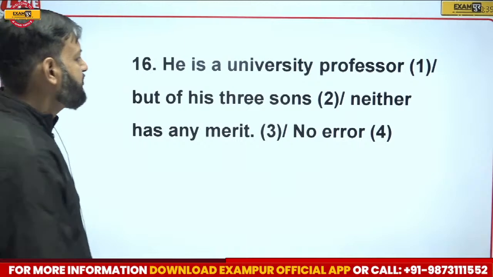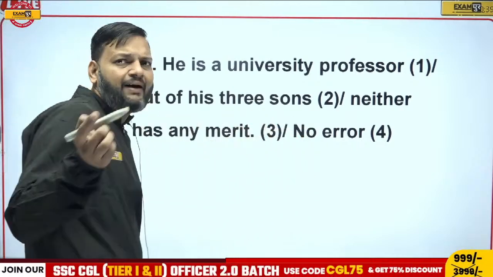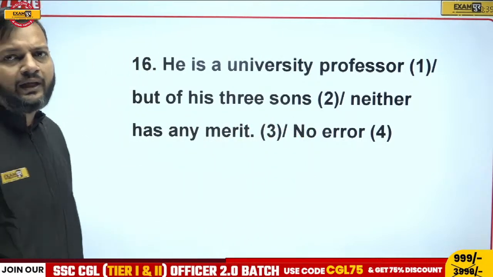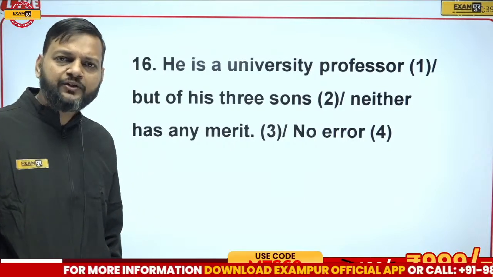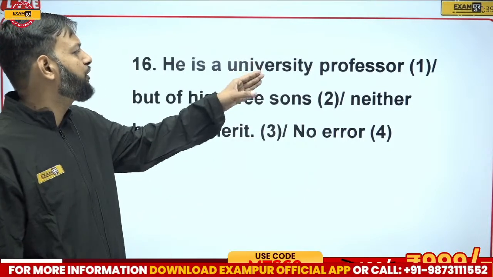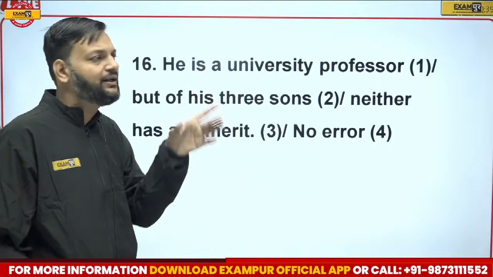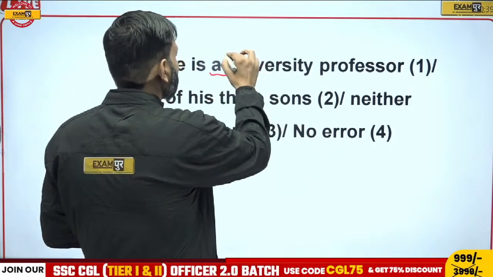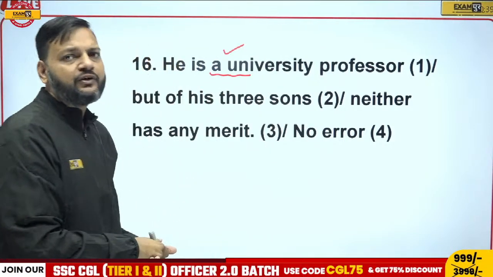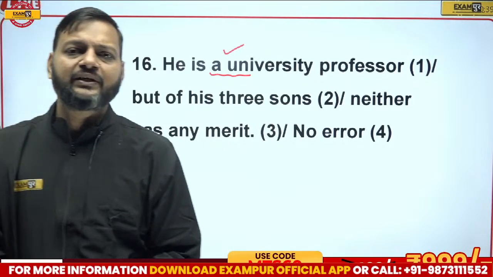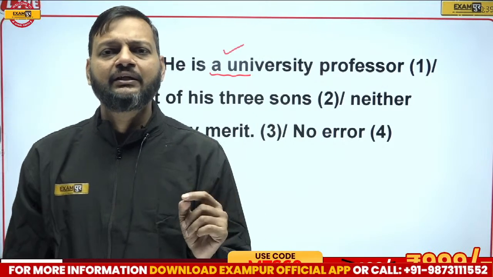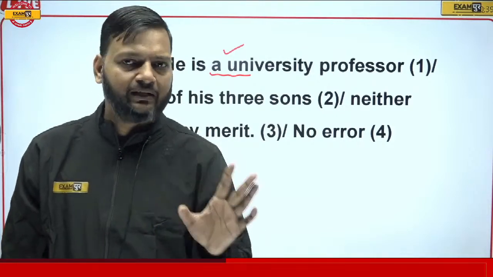In this sentence, students might get confused and think that with the word university, an should be used, but here a is absolutely right. Any word that starts with a U pronunciation is used with the indefinite article a.